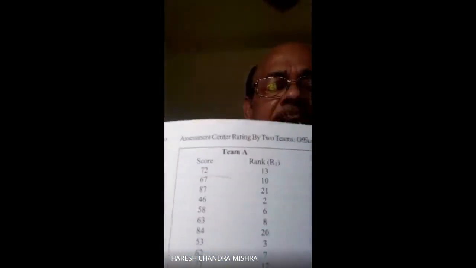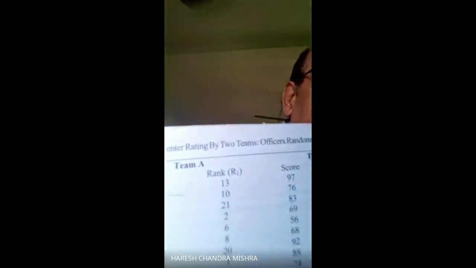You continue ranking the scores of both the teams combinedly. For team 1, you write R1, and for team 2, you write R2. If you want to see the format, see here where R1 is written and where R2 is written.